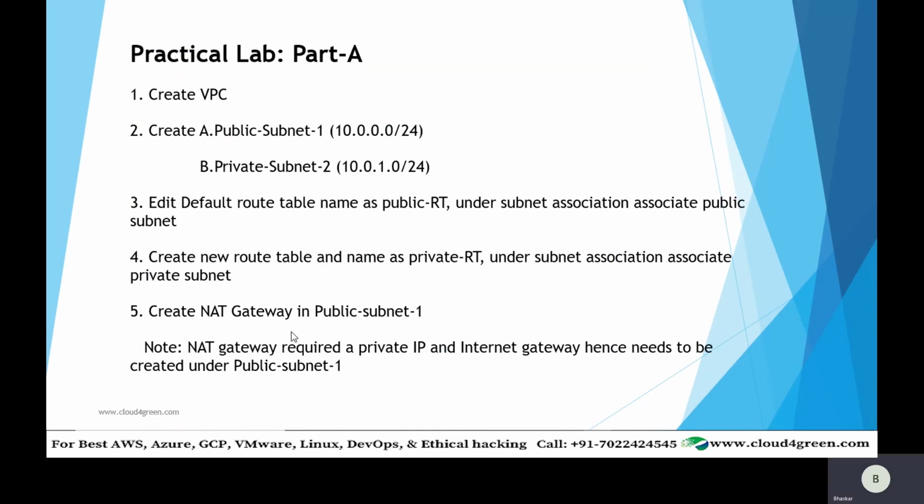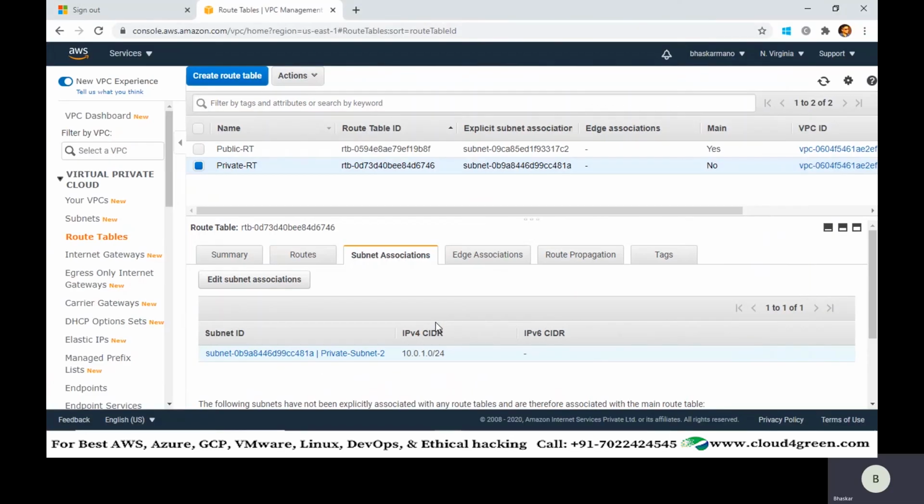create a NAT gateway in public subnet 1. Yeah, before this, there are a few prerequisites that should be set up prior to proceeding to the next step. So let me look into those prerequisites. Number one is internet gateway.